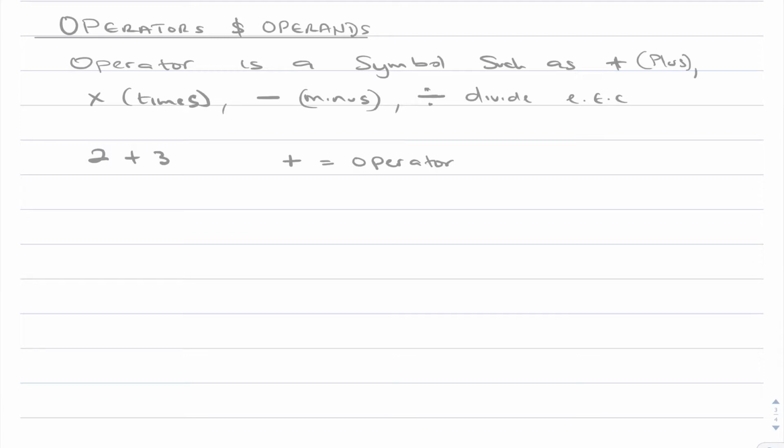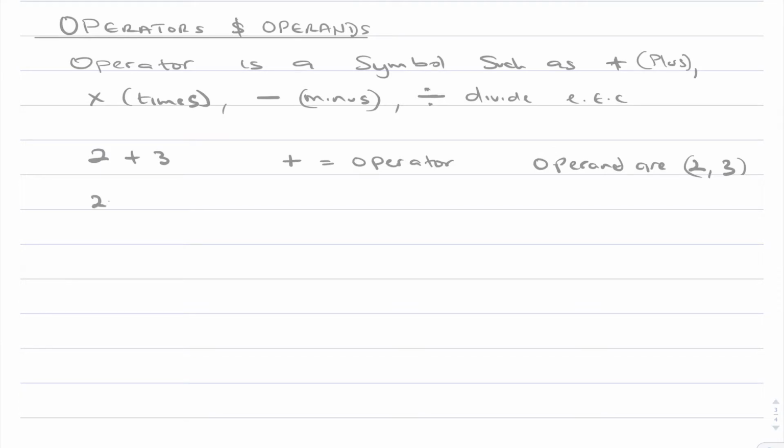So the operands are 2 and 3. Operators operate on operands. What's on the side of the operator is what we call an operand.